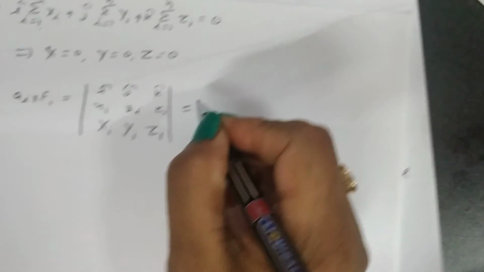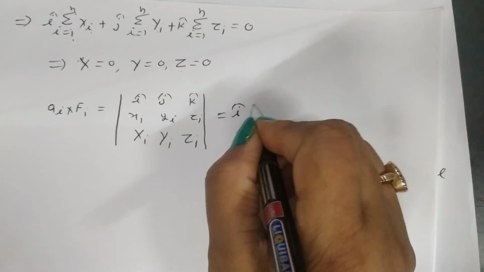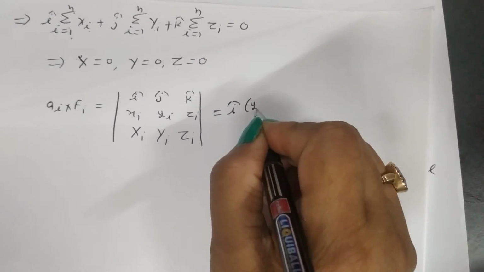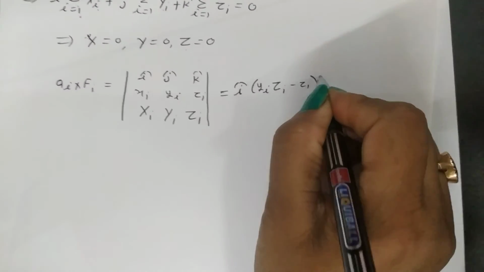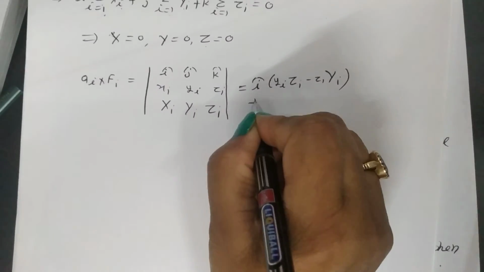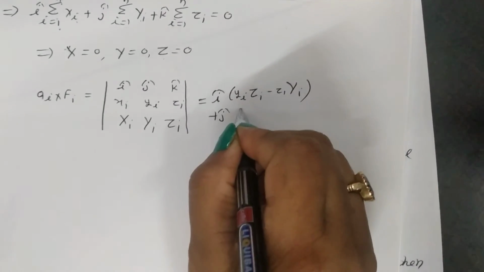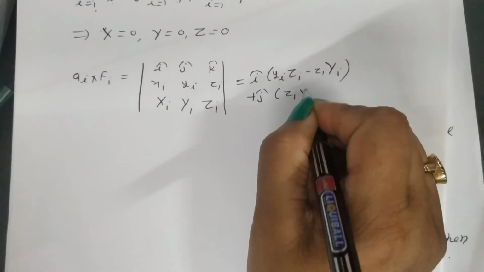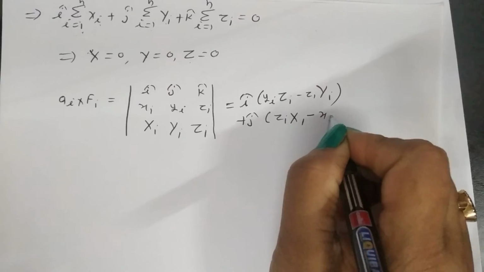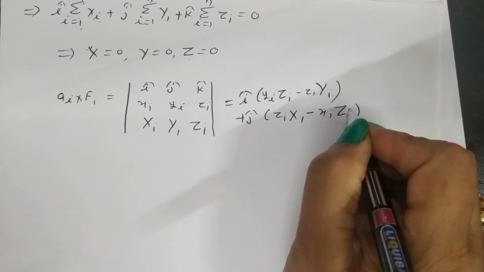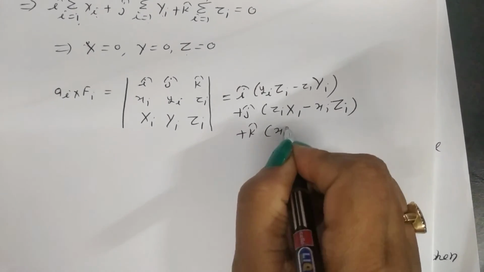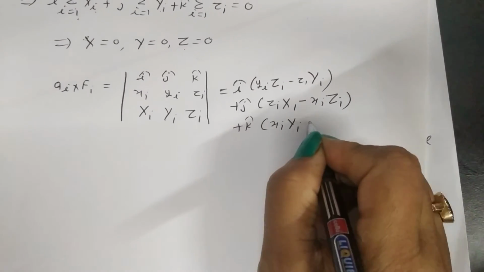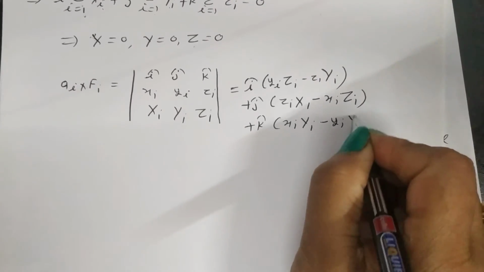After solving, we know that this is equal to i of (yi Zi minus zi Yi) plus j of (zi Xi minus xi Zi) plus k of (xi Yi minus yi Xi).